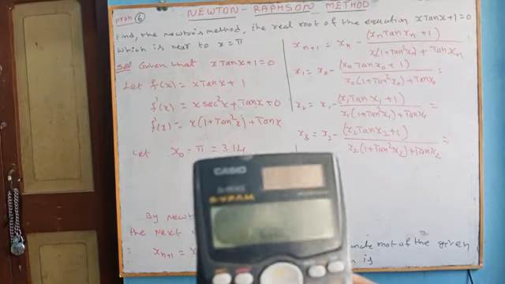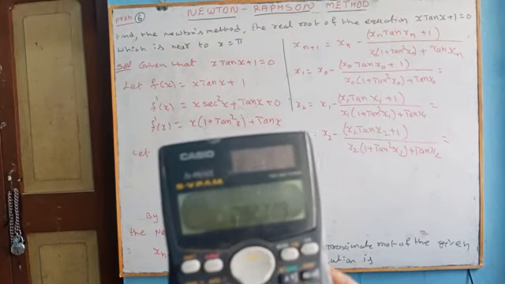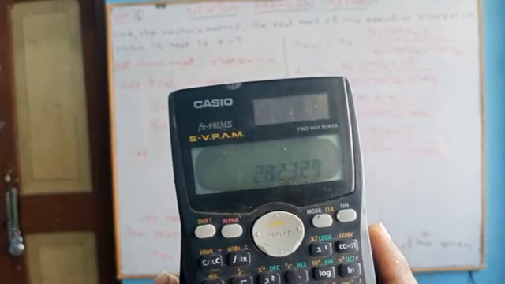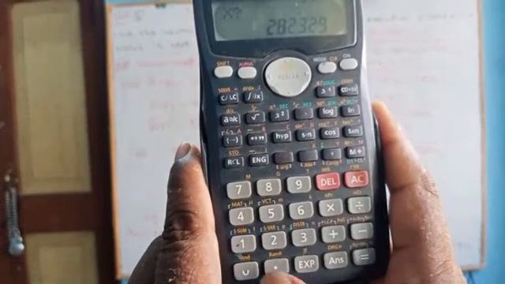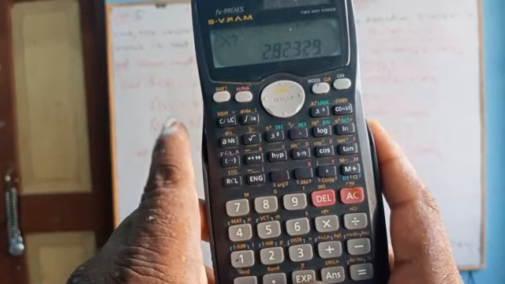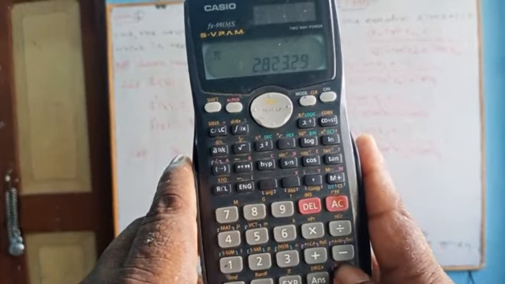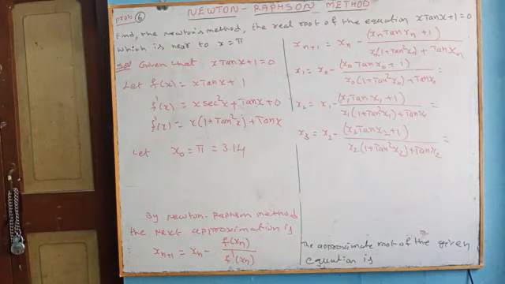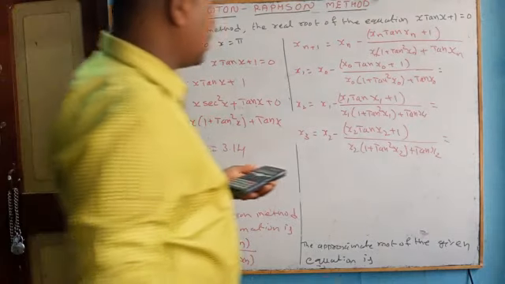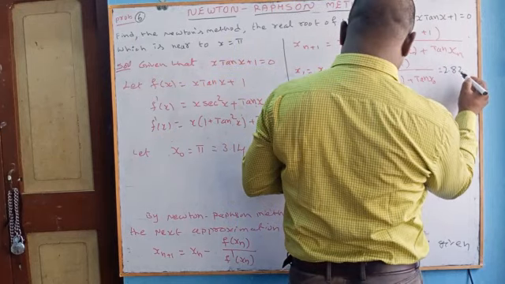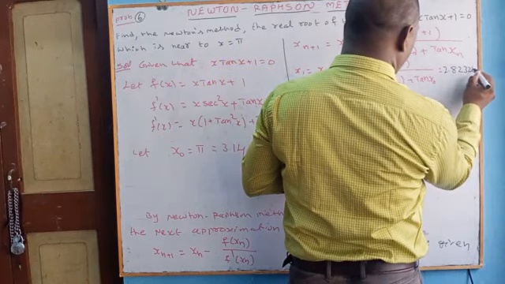CLC, put x is equal to pi. First enter the value x is equal to pi. Pi means put here pi. So shift pi is equal to, that is 2.82328. This value is the first approximation, 2.82328.